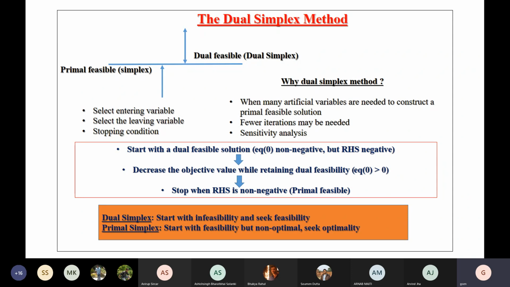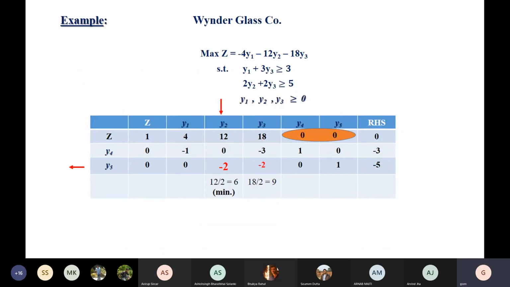Now the idea is, can we utilize this concept to even simplify the simplex method for non-standard forms. So let us take an example. Say this one, right?